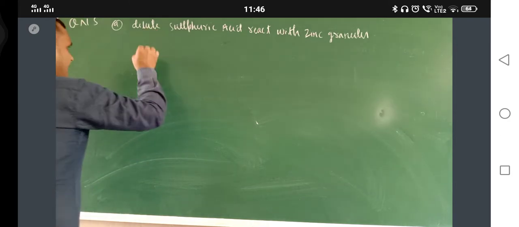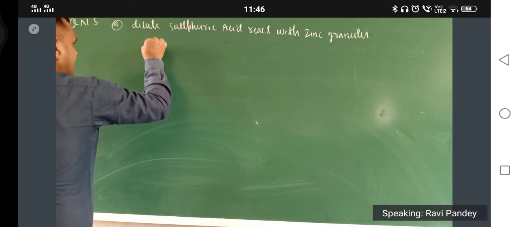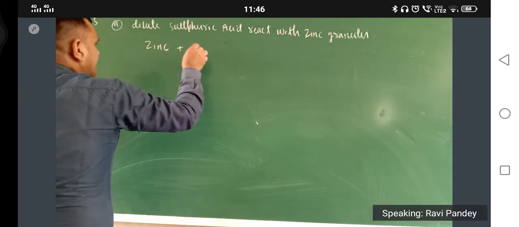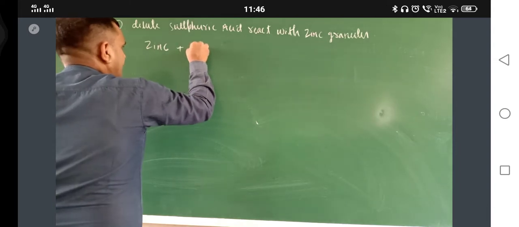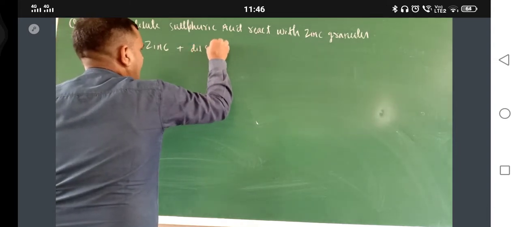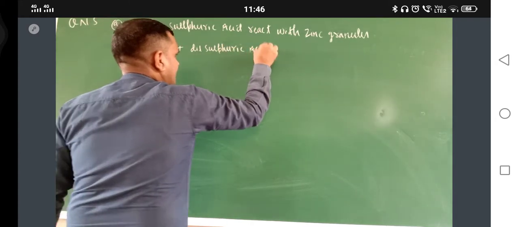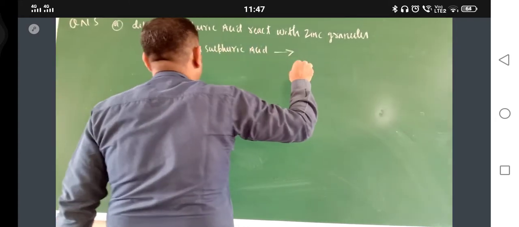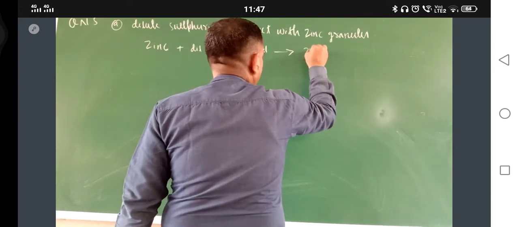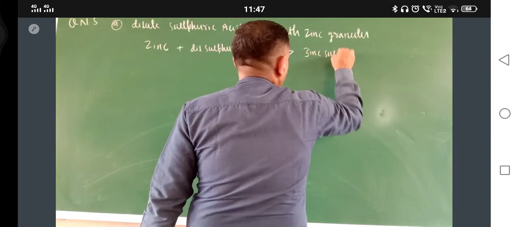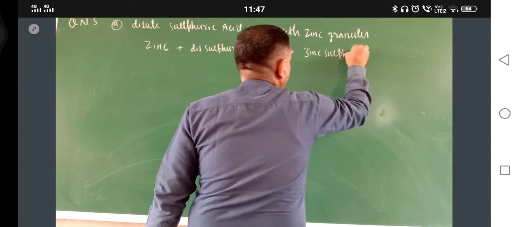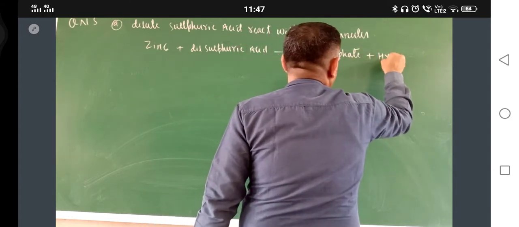Zinc, first write here zinc. Okay, word equation. Then write down here dilute sulfuric acid. This is the word equation. And what is formed here? Zinc sulfate plus hydrogen gas.